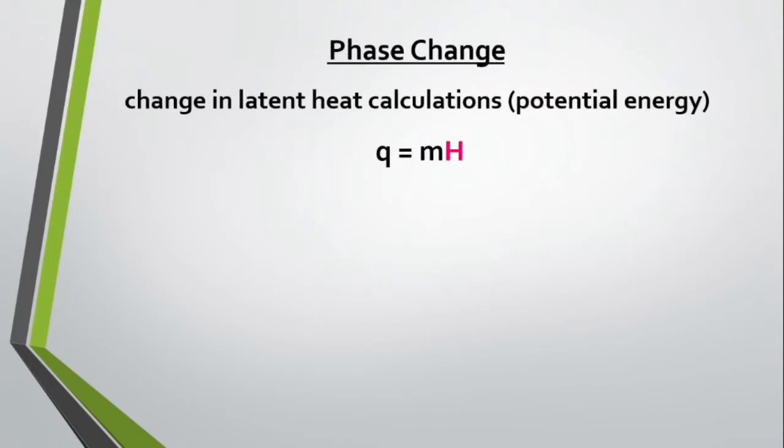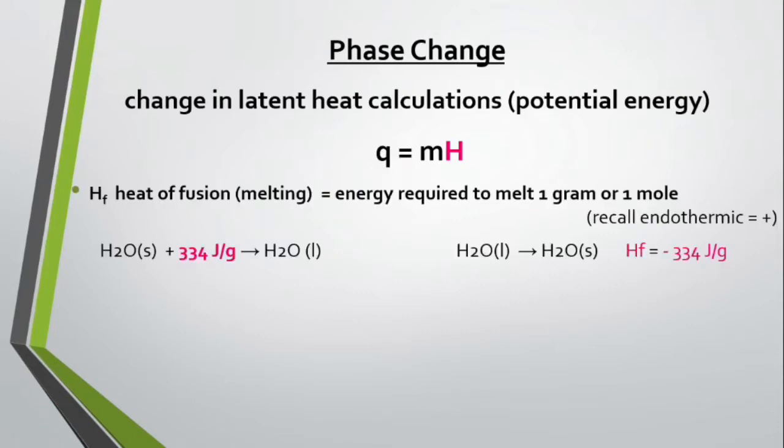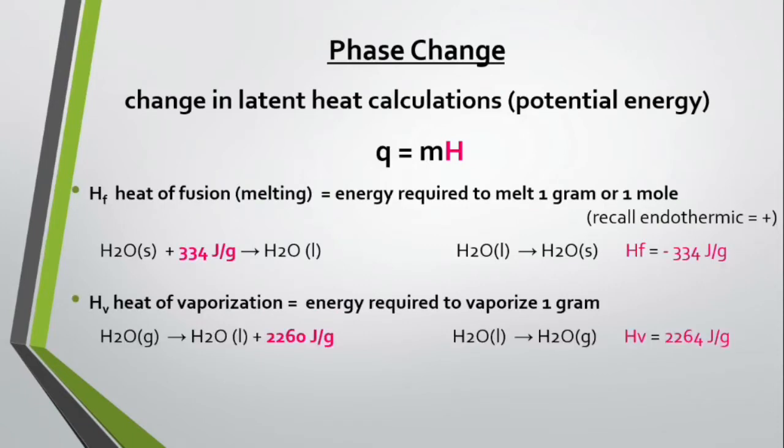So page 17 starts by talking about this equation that has to do with calculating the amount of energy required to cause a substance to go through a phase change, meaning how much energy is it going to require to melt something or boil something, vaporize it.